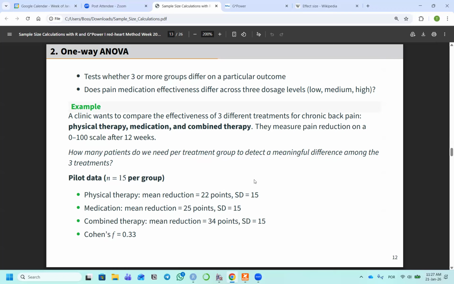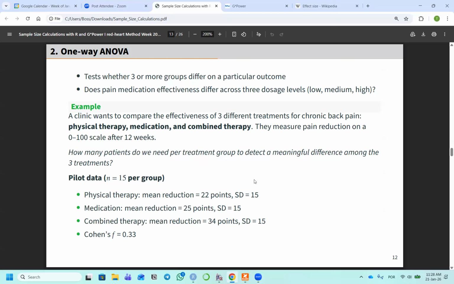Once I know the whole group is statistically different, I may conduct pairwise tests if needed once I reject the null hypothesis. So here, my example is a clinic that wants to compare the effectiveness of different treatments for chronic back pain.